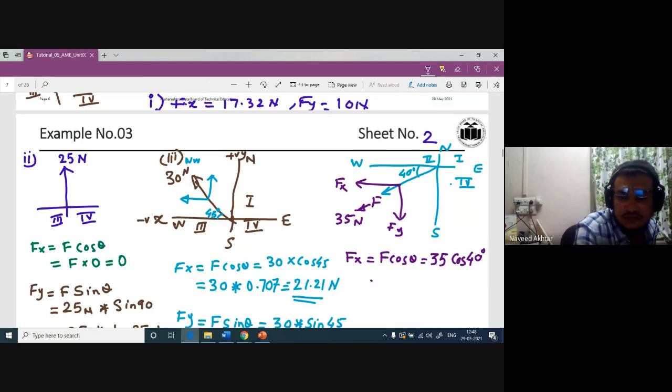So I will write here fx is equal to 35 Newton into cos of 40. We have to find out cos of 40 from the calculator. The cos of 40 is 0.766, and if you multiply it with the force 35, it is coming 26.81 Newton.